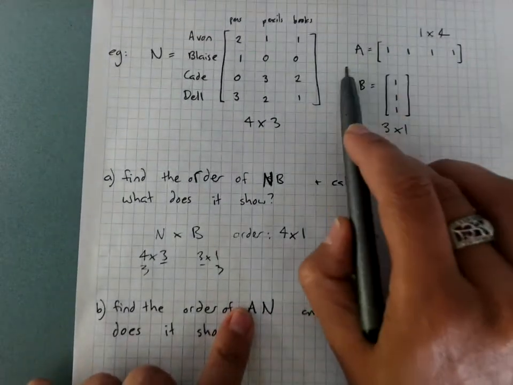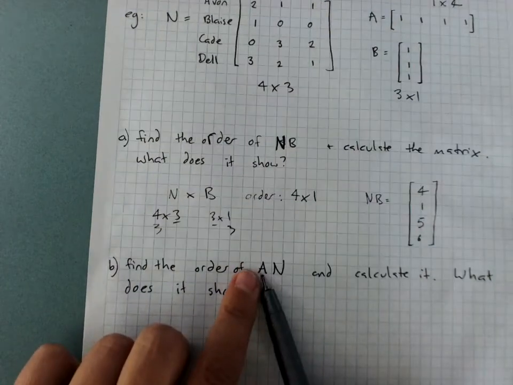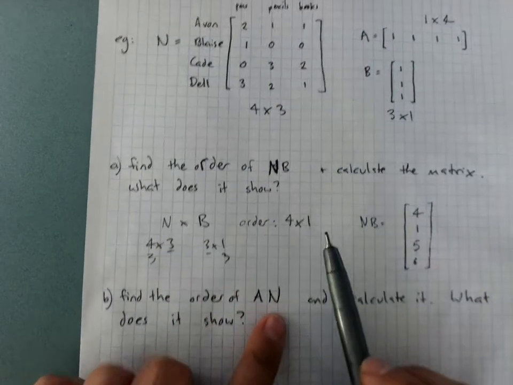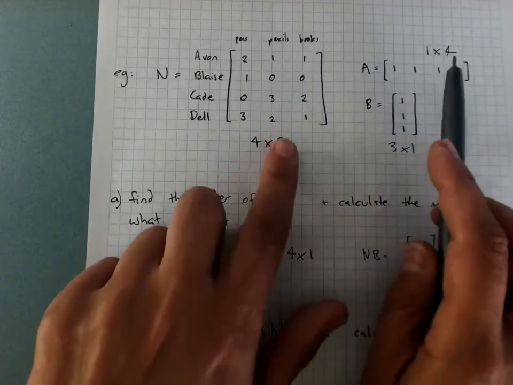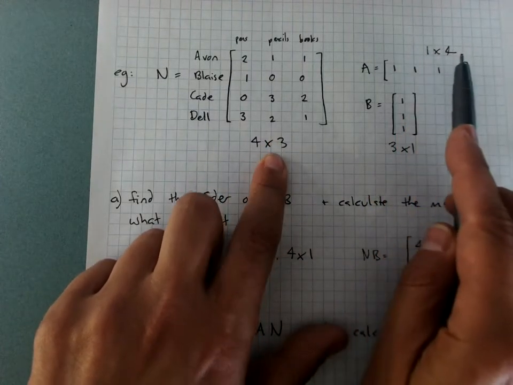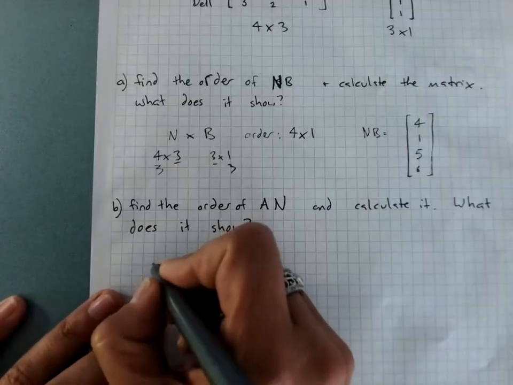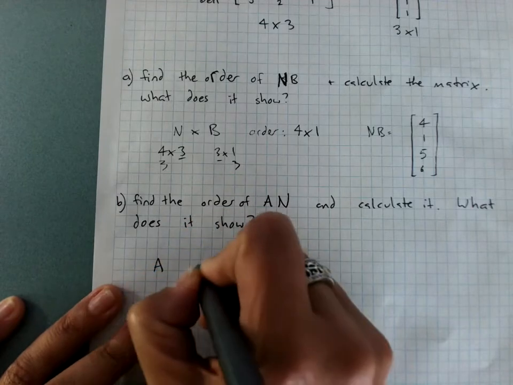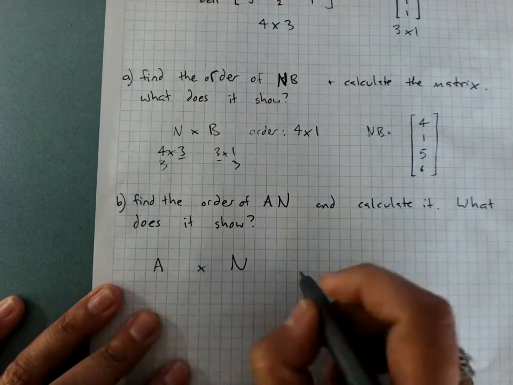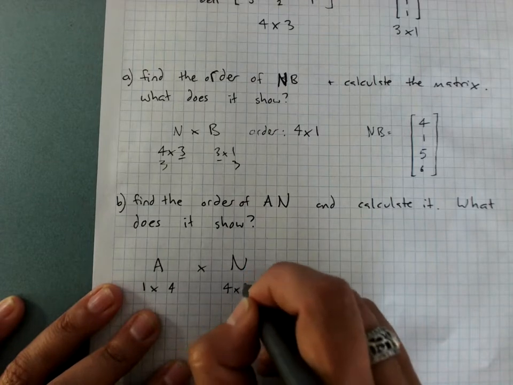Now, this row matrix, A, you'll see I've said the order of A times N, not N times A. I can't do N times A, but I can do A times N. So A by N, right, I've got 1 times 4, 4 by 3.